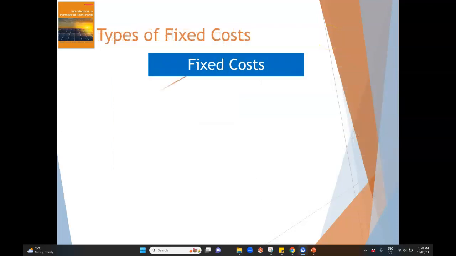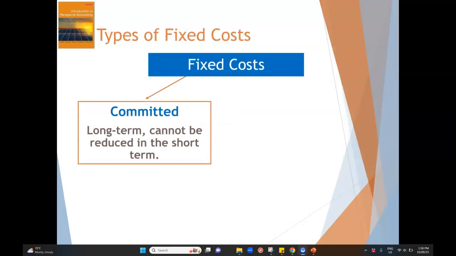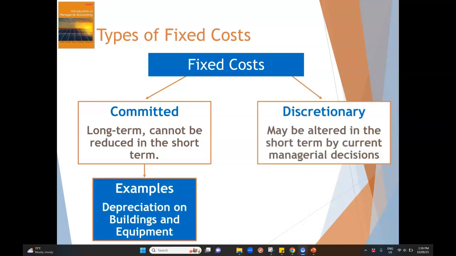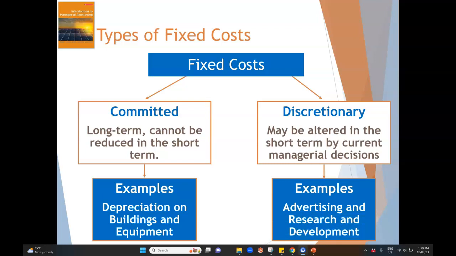Types of fixed costs. Committed: long term, cannot be reduced in the short term. Examples: depreciation on buildings and equipment. Discretionary: may be altered in the short term by current managerial decisions. Examples: advertising and research and development.